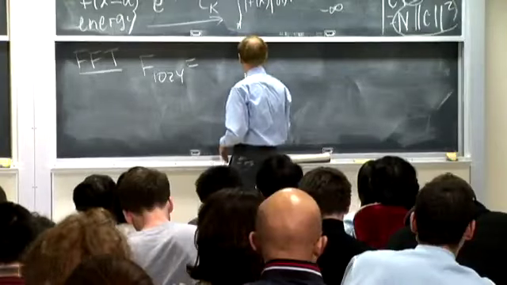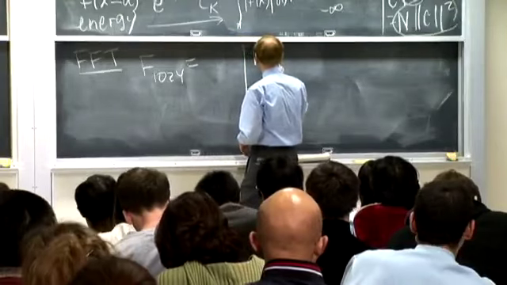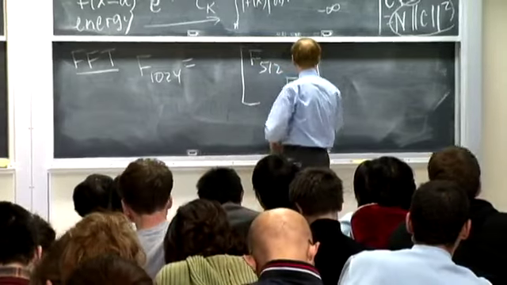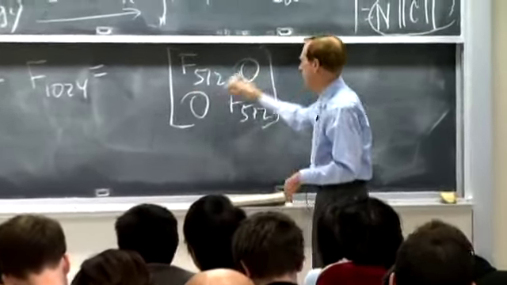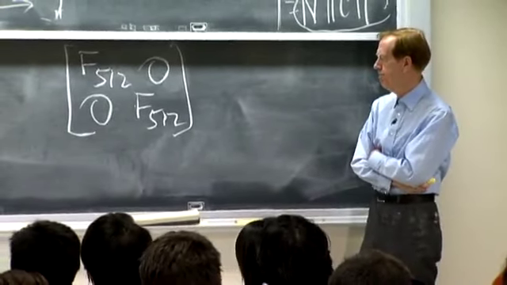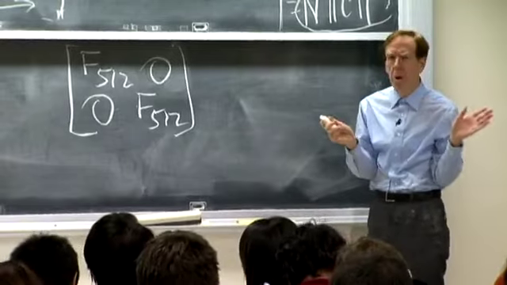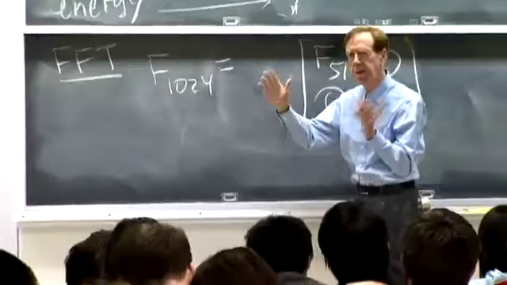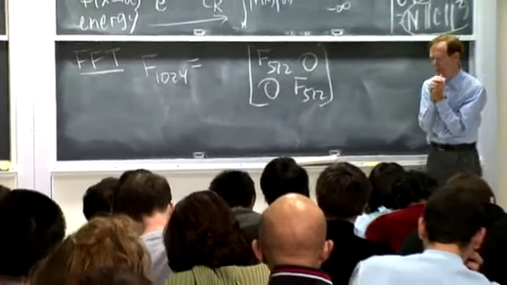It connects that to the half-full matrix that takes the half-size transforms separately. So it's half-full because of these zeros. That's the point, that the 1024 matrix is connected to the 512 matrix.